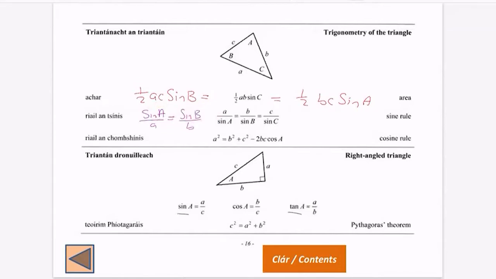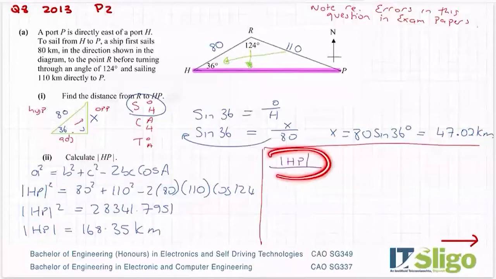As long as you flip both sides, that is perfectly acceptable. But it's a side we need here, so I leave the side on the top. So HB across from sine 124 is equal to 110 over sine 36.